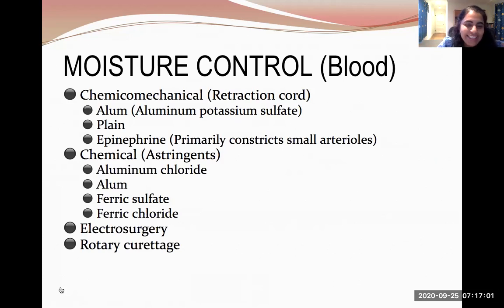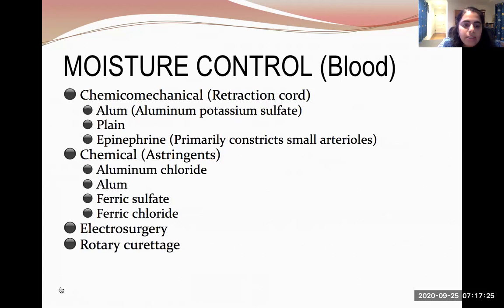Chemical astringents. Aluminium chloride is an astringent that acts by precipitation of tissue proteins and vascular constriction. Its vascular constrictor effects are less than epinephrine. Among the medicament-impregnated cords, it causes the least amount of irritation.